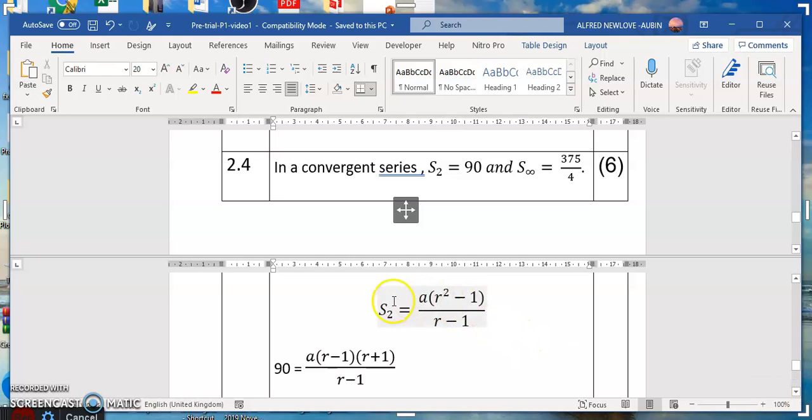Then in the question they said the sum of the first two terms is what? 90. So you substitute it there, then you have that equation. This one is a difference of two squares. So r squared minus 1 is the same as r squared minus 1 squared. So it's a difference of two squares.